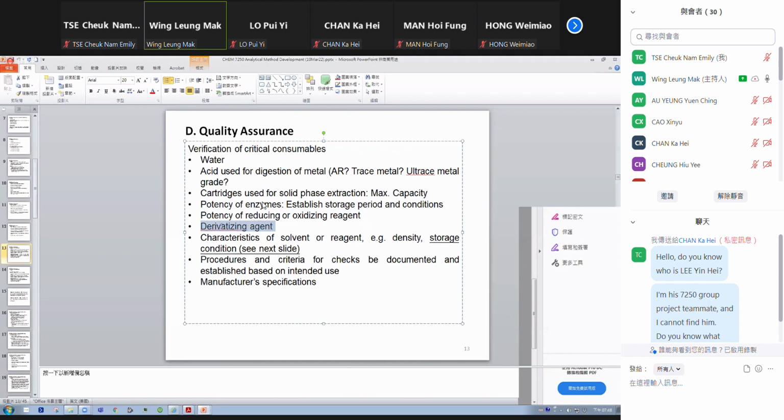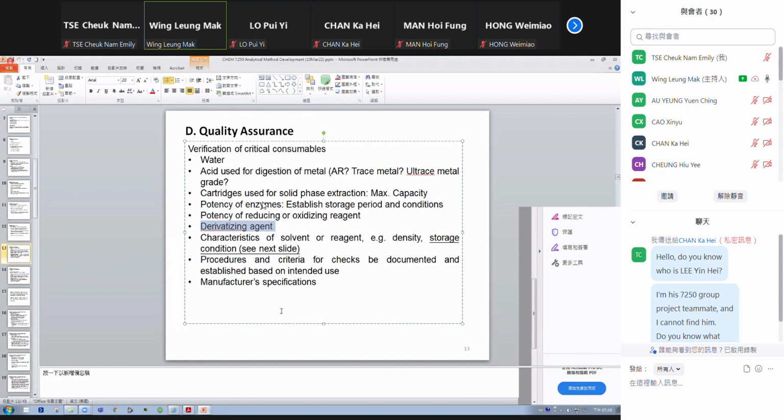Derivatization agents for GC analysis: because of the hydrogen bonding of the amine, OH, or acid groups inside the column, you need to protect those hydrogen-bonding groups.